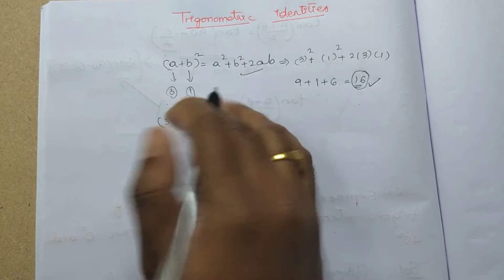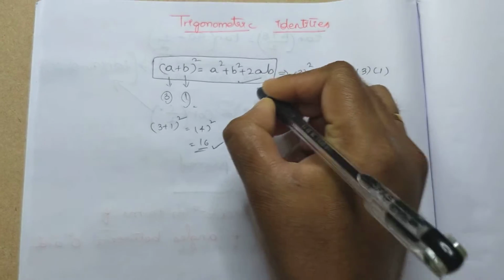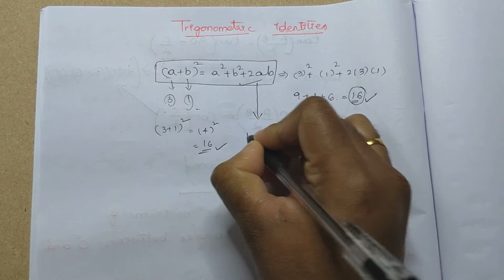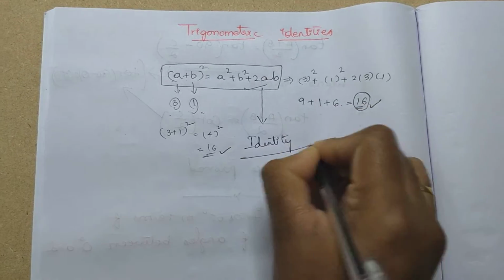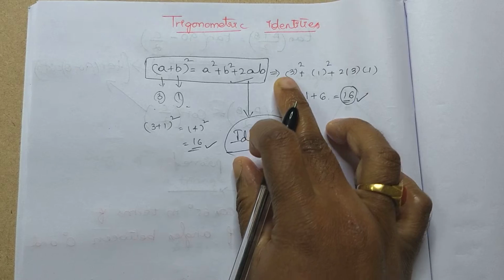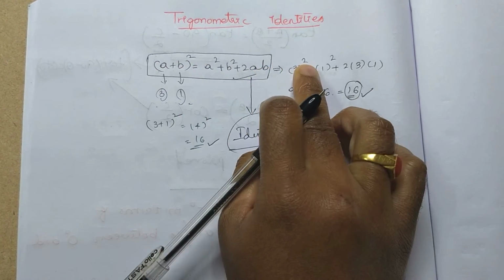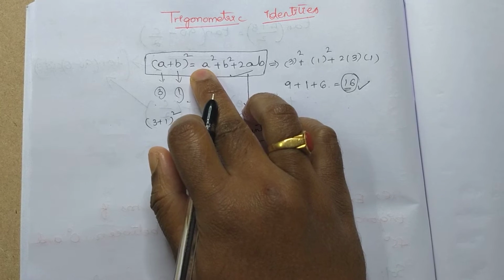It means this equation remains correct. Then such a mathematical equation is called an identity.